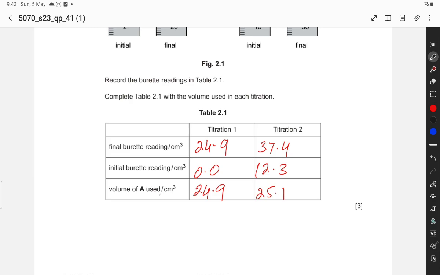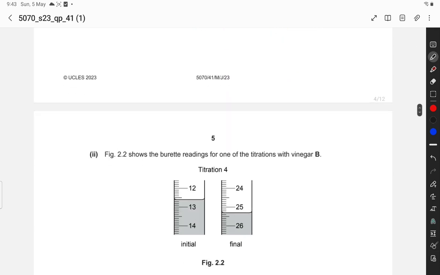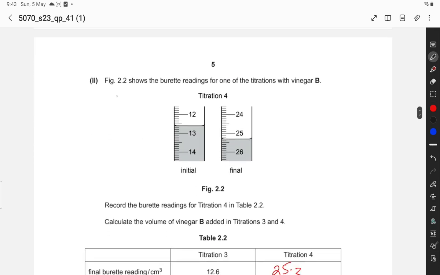Now the volume of A used is found by subtracting the initial burette reading from the final burette reading. So we get 24.9 and in this one 25.1. So we have 2 volumes. Figure 2.2 shows the burette readings for one of the titrations with vinegar B. So this is the second sample.